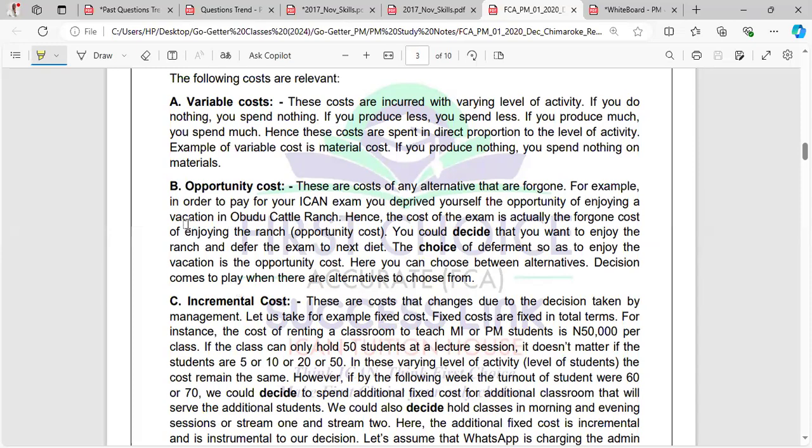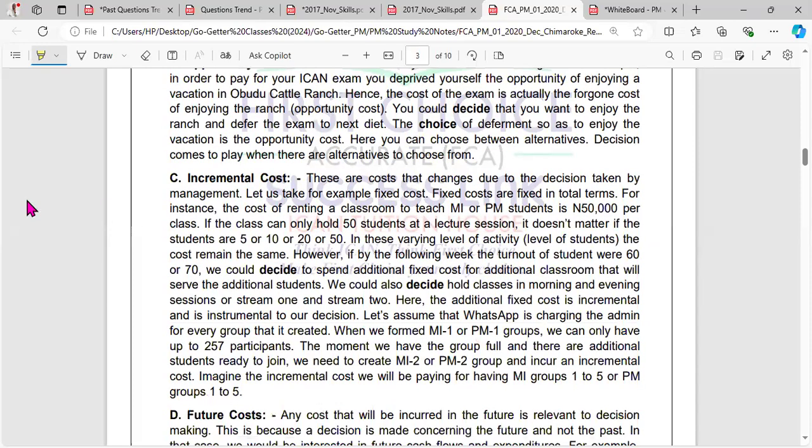Then we have incremental costs. Now, incremental costs are costs that increase. This is now fixed cost that increases incrementally. Now, we talk about stepped costs. This is stepped cost here. Now, let's give an example.